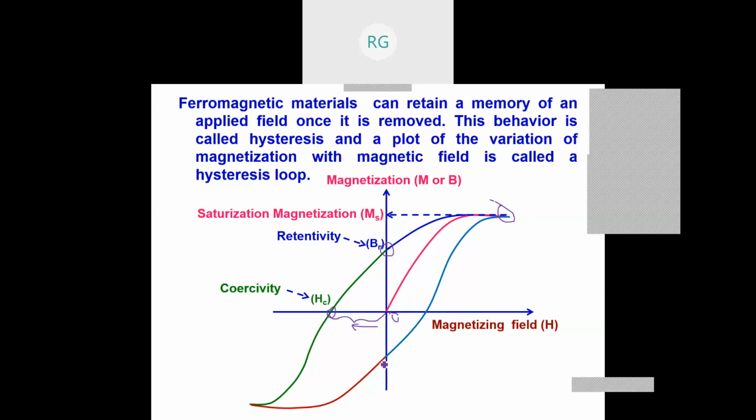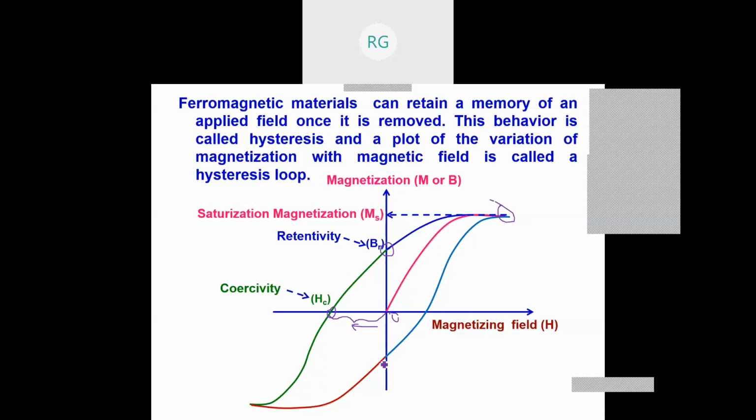So the saturation magnetization, retentivity and coercivity are the most important parameters for ferromagnetic materials, and the BH curve allows us to determine the retentivity and coercive field of a ferromagnetic material.